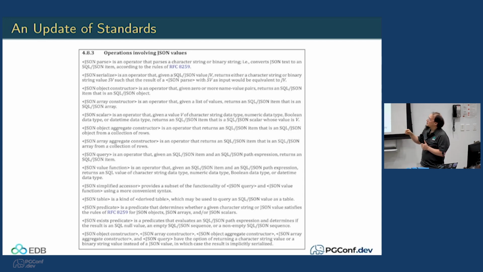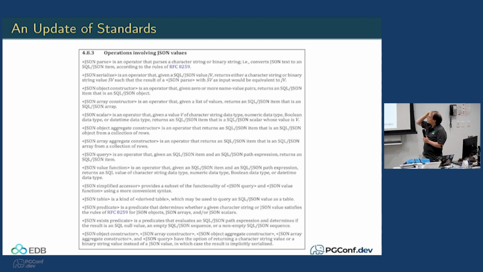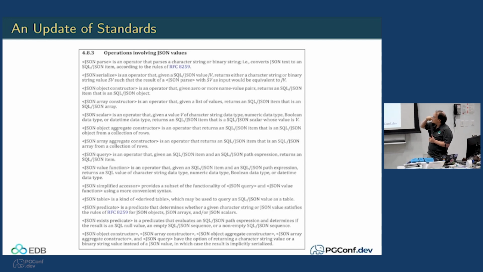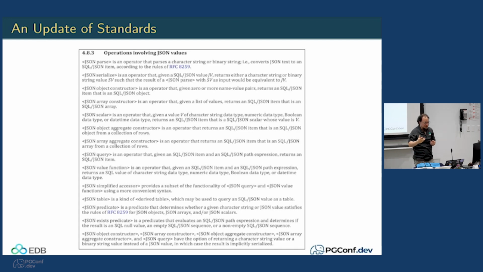Then we have JSON_SERIALIZE, which takes a JSON object from the database and produces the text output. And the next ones are all already in Postgres 16, until JSON_VALUE here, which we'll see in a minute.